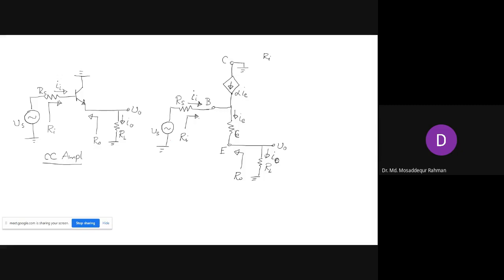Ri. Okay, this circuit has a name. What do you call this circuit? Anyone remembers?